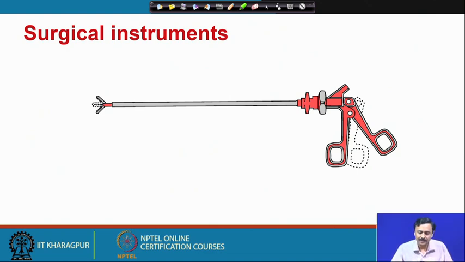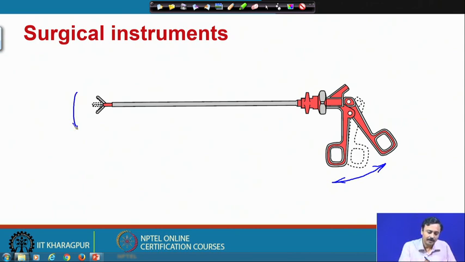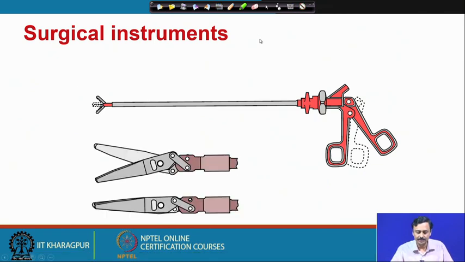So, you see there is a long cylindrical barrel which can enter into the incision, and the surgeon will operate at this handle, and that will operate the end effector, which can be a clamp or which might be a scissor like this, which can perform the operation.